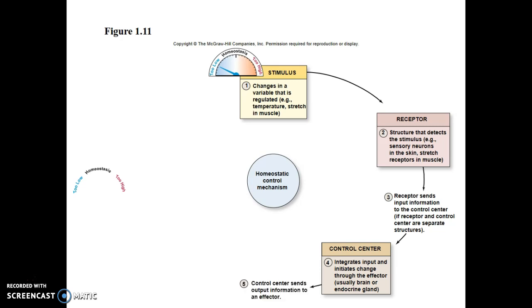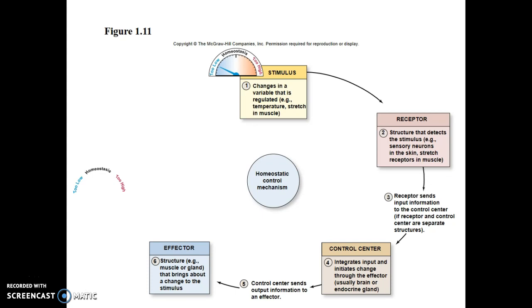It's going to then send a signal to the effector. The effector in the house is going to be the blowing of the heat. So the heater turns on and starts blowing more heat out to warm the house up.